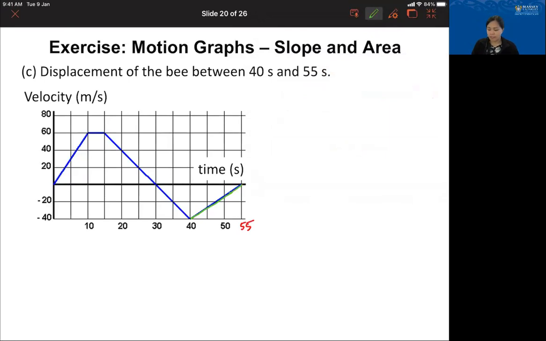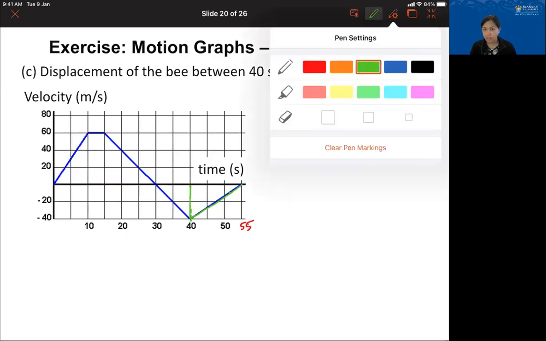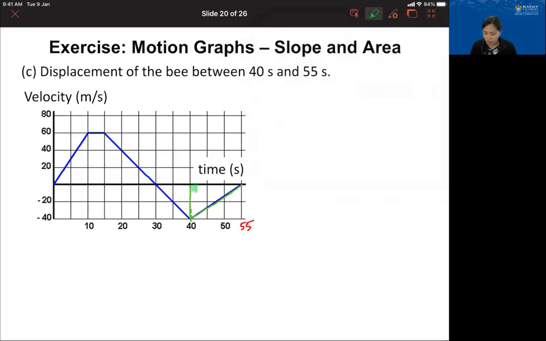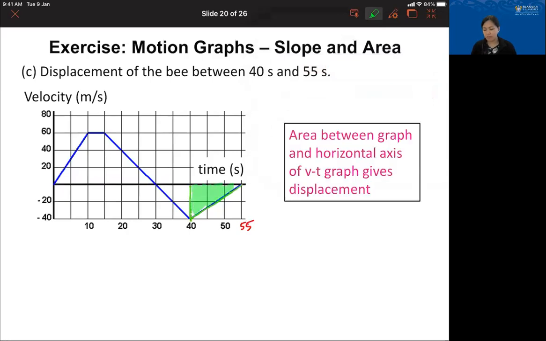Right. And since acceleration is from the slope, displacement will therefore be from the area. So it's the area between the graph and the horizontal axis. So it should be this area here. The area between the horizontal and the graph, velocity versus time graph, will give you the displacement.